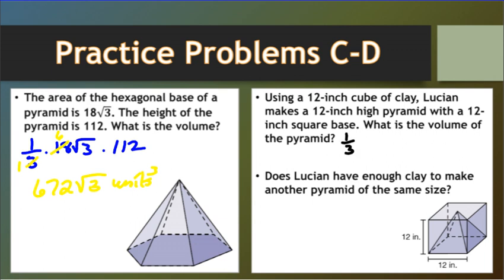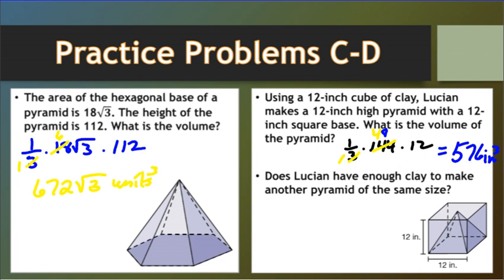So we have 1/3 times 144 times 12. 144 divided by 3 is 48. And then 48 times 12 will give us a volume of 576, and this would be cubic inches.